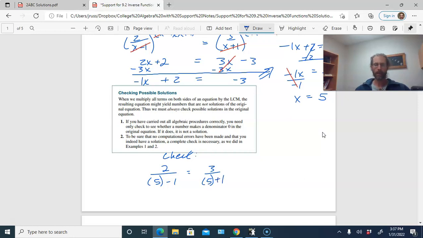Well, 5 minus 1 is 4, so 2 over 4 is equal to 5 plus 1 is 6, 3 over 6. And guys, this is actually a true statement, because these fractions actually represent the same number, 1/2. If you were to reduce or simplify both of these fractions, you'd get 1/2 on both sides of this equation. So that means that 5 is the solution. But you should always check.